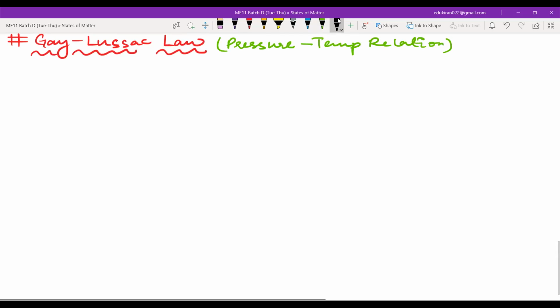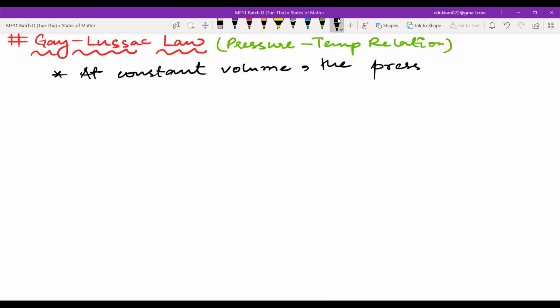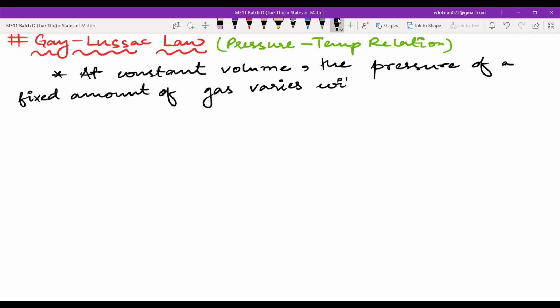Gay-Lussac law states that, please write with me, at constant volume, the pressure of a fixed amount of gas varies directly with absolute temperature.